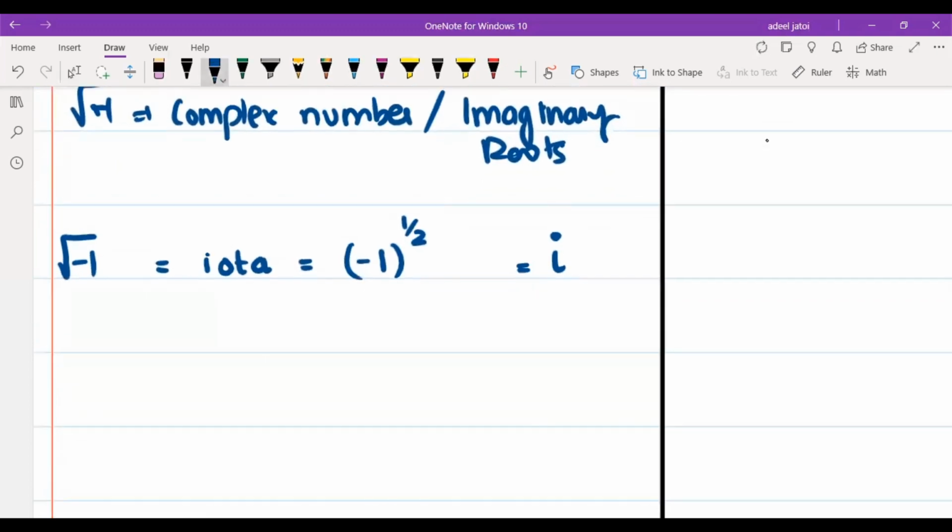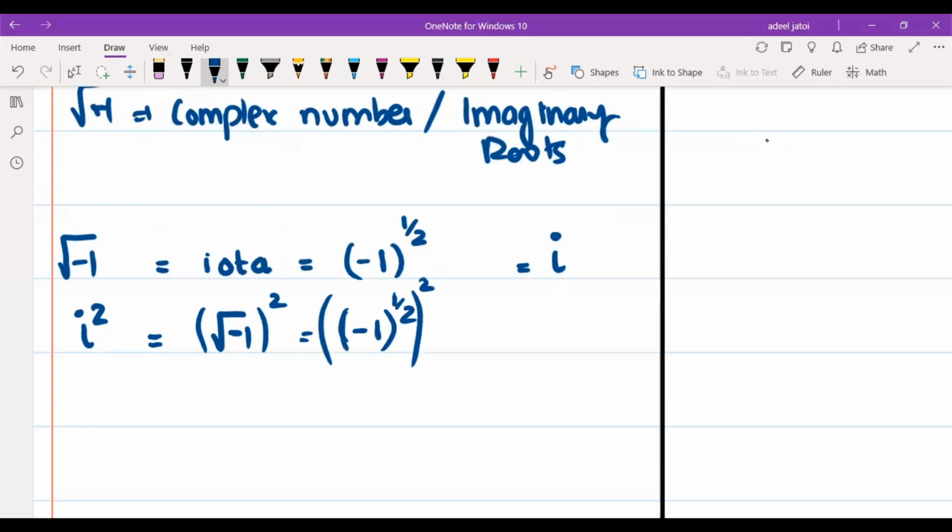Similarly, if it is iota square, iota means under root -1, but there would be a square over the bracket, which means this under root is -1 to the power half, and there is another power after the bracket. So 2 ones are 2, 2 divided by 2 will be 1, so -1 to the power 1 is -1.